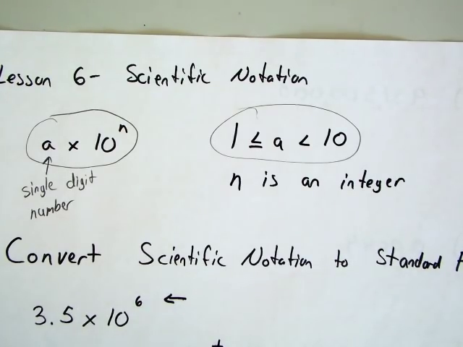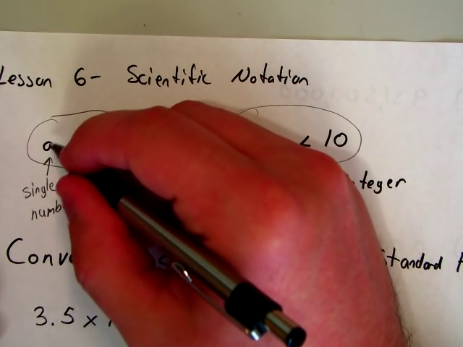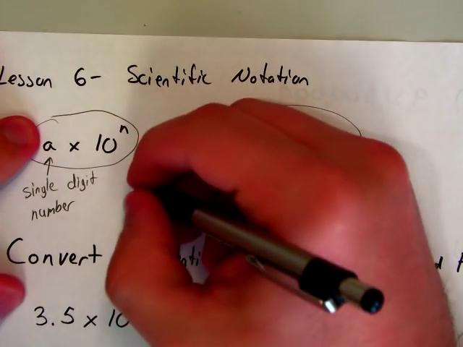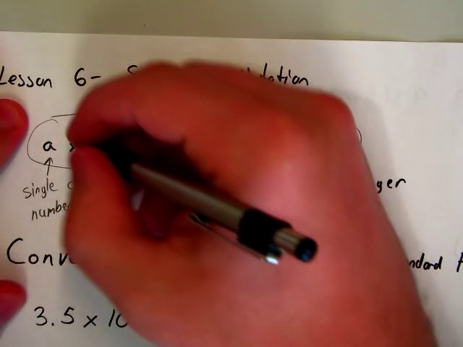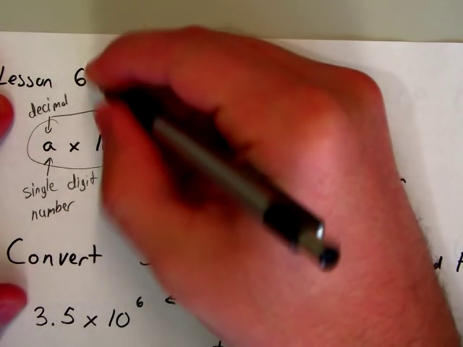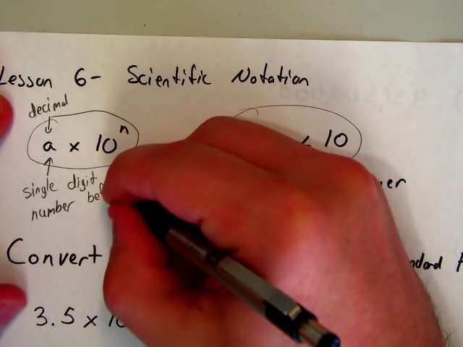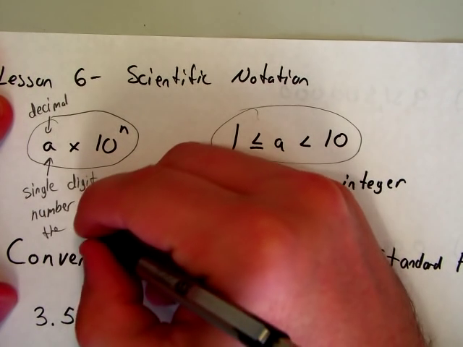So it can be 1, but 10 is not a one-digit number. What you can have here, for example, is a decimal value, and it has to be a single-digit number before the decimal point.